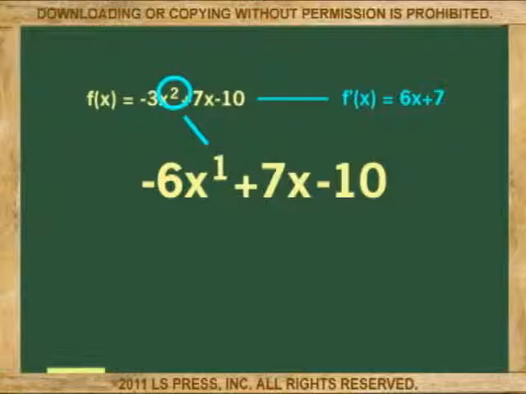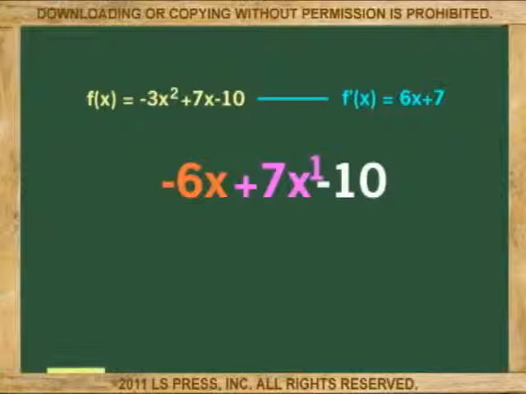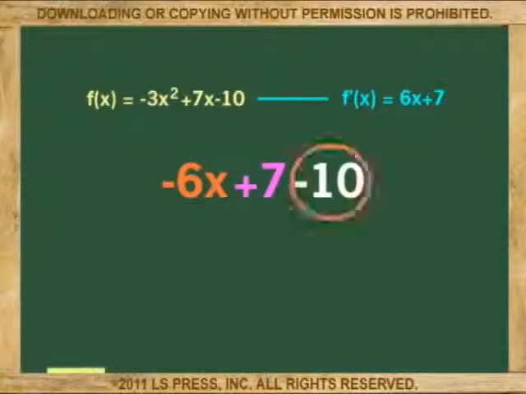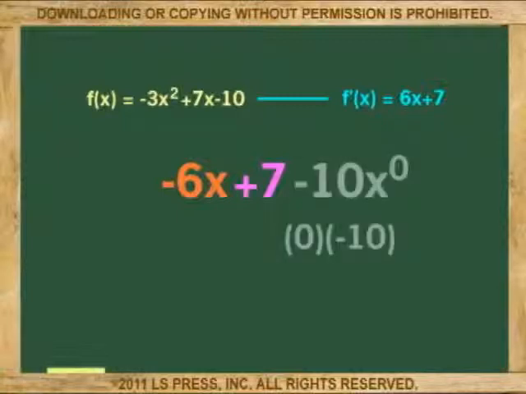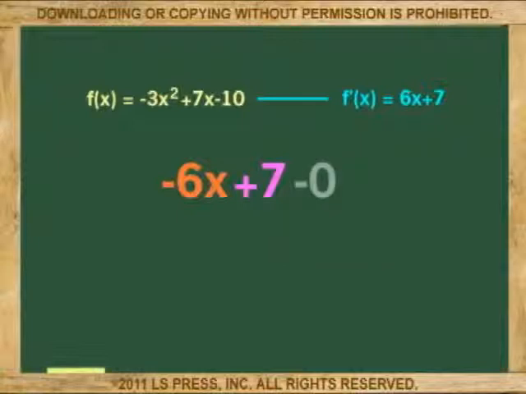Because the second example has 3 terms, each term has to be done. 7 times 1 is 7, and the exponent becomes 0 and x becomes 1. The x is dropped. In the case of a number like negative 10 that has no x, the term is dropped completely. It disappears because, theoretically, it has a 0 exponent that, when multiplied by negative 10, turns the whole term into 0.